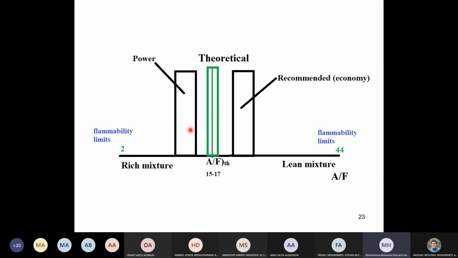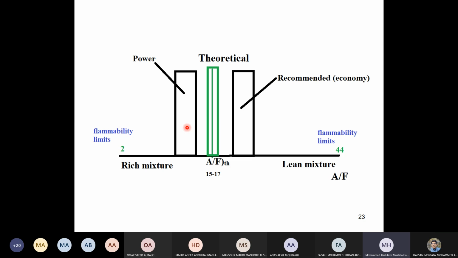You need to go faster, so you do not worry about the extra fuel used, but you need more power. So if you need more power, you work in this region, with a lower air to fuel ratio. So this is the economy region, which all of our cars work in, and this is the power region for car racing. They use this region because they have more power, and they do not care about the economy.